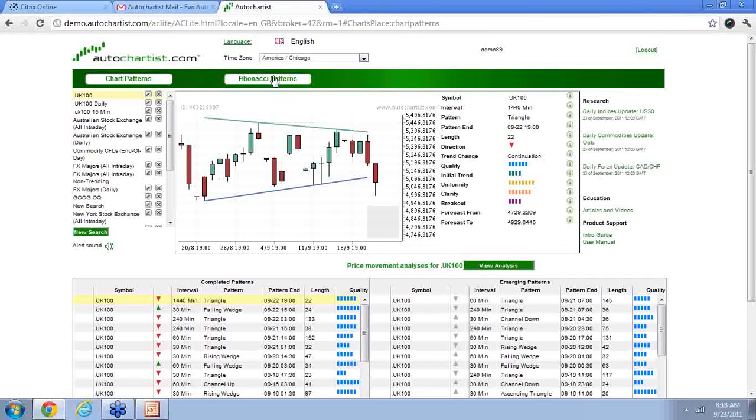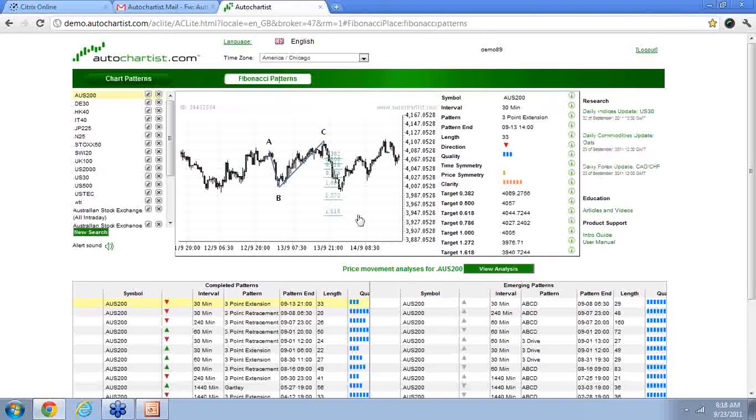Now, when you go to Fibonacci patterns, these patterns are set up for traders who are looking for basically counter trend moves. You can see that in this particular one, without going into detail, you're looking at an ABC pattern, which is a 3-point extension, and the market's trending up, but in its forecast it's looking for a down move.